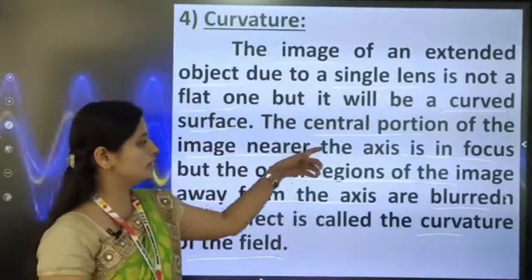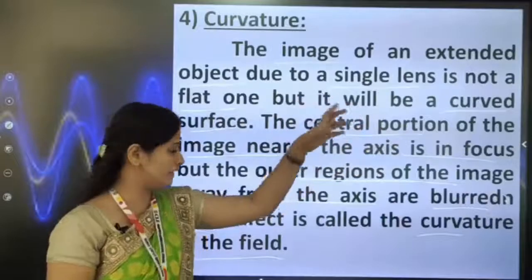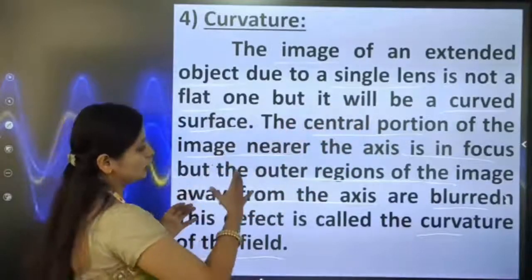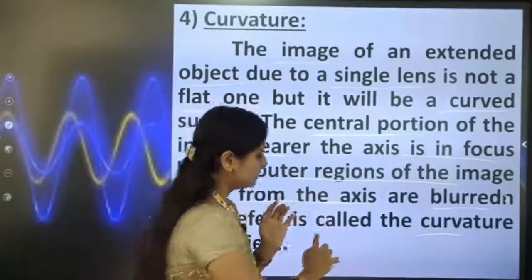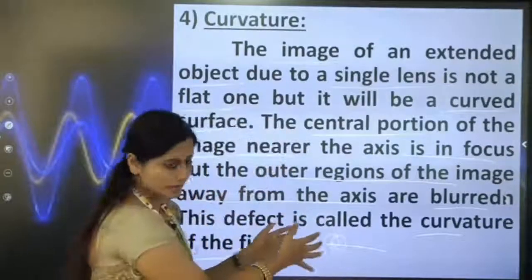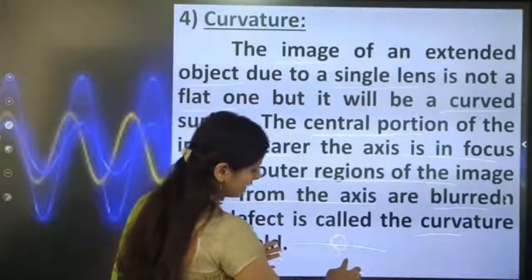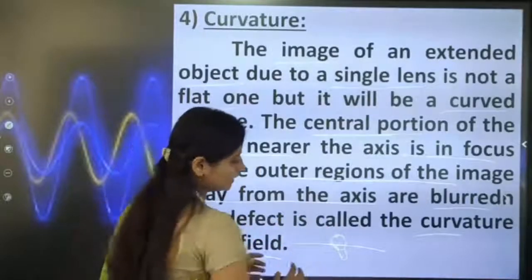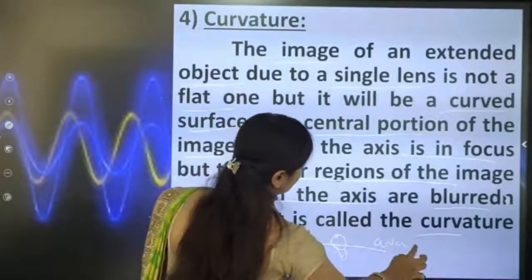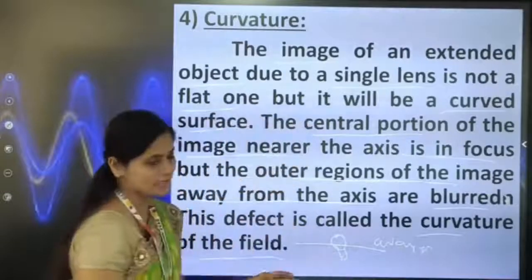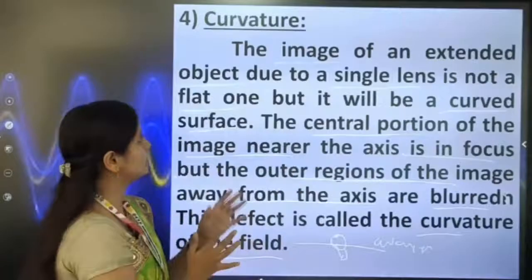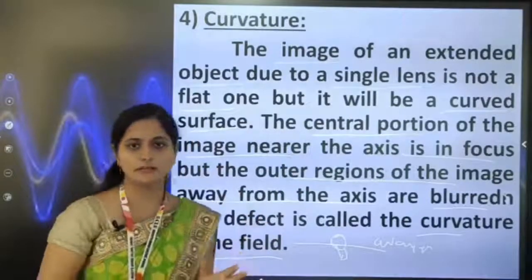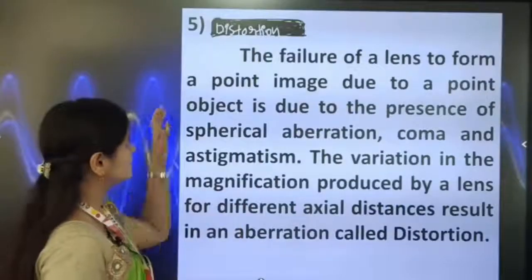The portion of the image nearer the axis is in focus, but the outer region of the image away from the axis is blurred. So this type of defect is nothing but curvature of the field. Okay, the last is distortion.